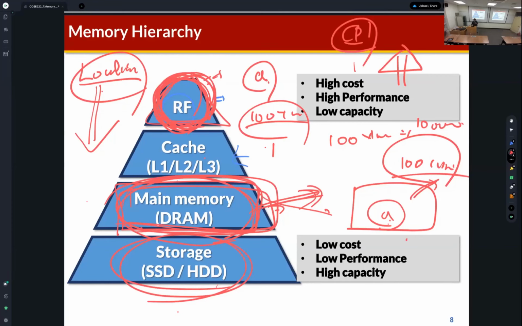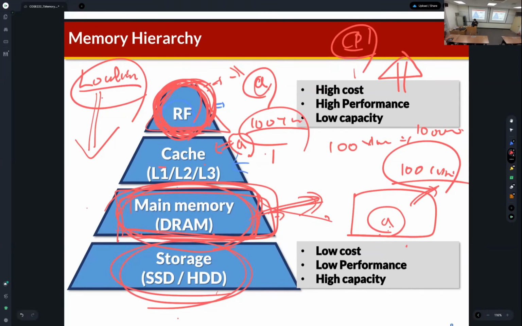We know A is frequently accessed, so if A is located in the cache, the smaller memory, let us assume that it takes 2 cycles to access the cache.